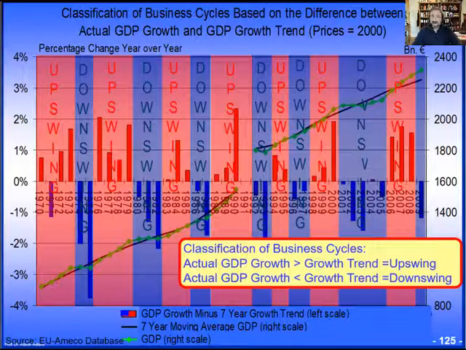In this version of the diagram, the upswing years are marked with red colored areas, and the downswing years are marked with blue areas. As we can observe, upswing and downswing periods alternate. Their duration varies between 2 and 4 years approximately.